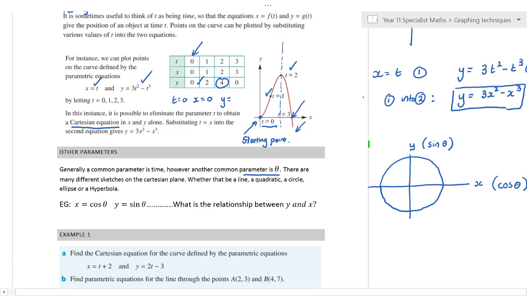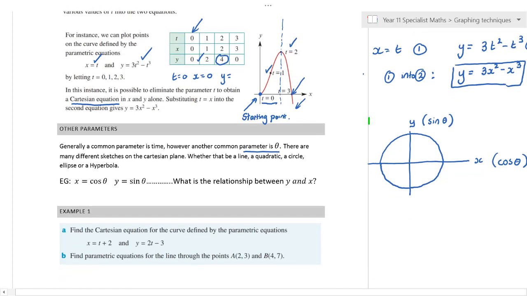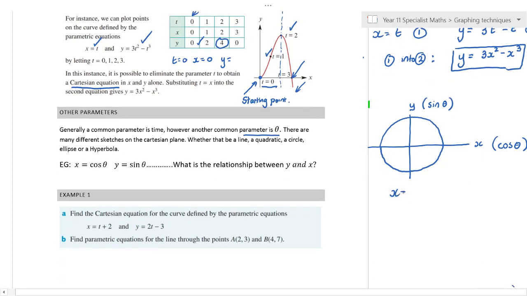Now let's write this out in relation to our parameter. So x is equal to cos theta. We're literally proving a circle here using a parametric equation, the formula for a circle. Okay, and y is equal to sine theta.